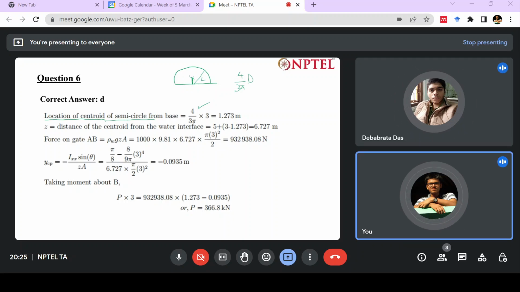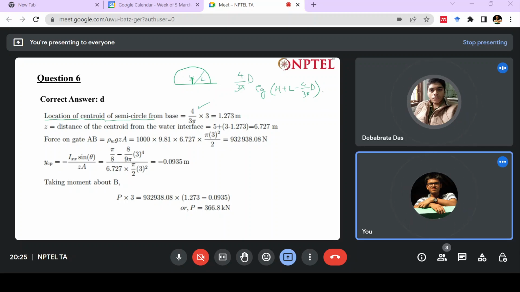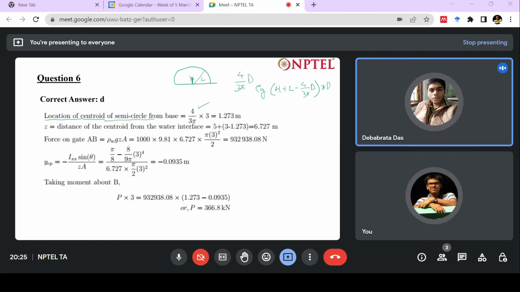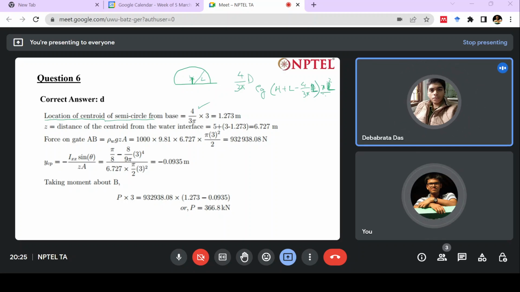If you know that, then it is very easy. Then what is the force acting on this? The force acting on this particular thing is nothing but (H plus L minus 4L by 3 pi) into rho g into your area. Area is pi d square by 8, which is pi L square by 8, because the diameter is L. Understood?